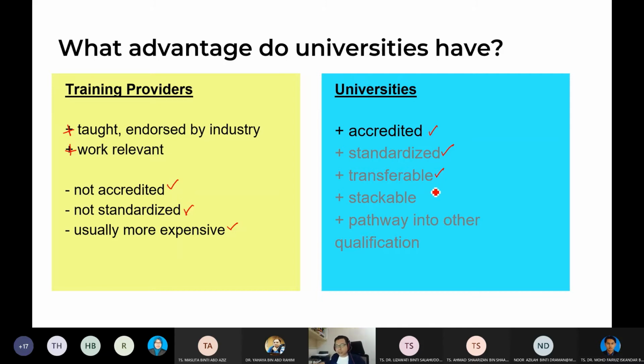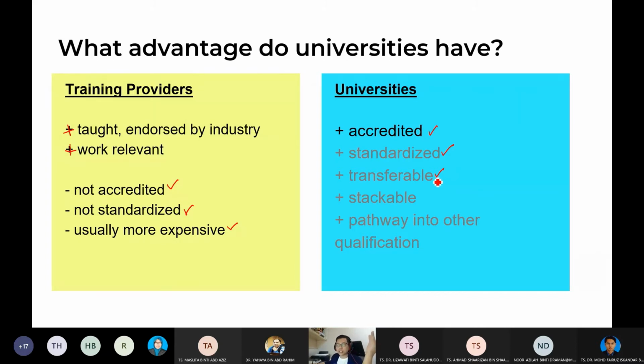A person taking a micro-credential course in UTM, for example, can transfer the credit to other universities. It needs to be transferable, because if it's not, we're going to lose some of the micro-credentials' value.